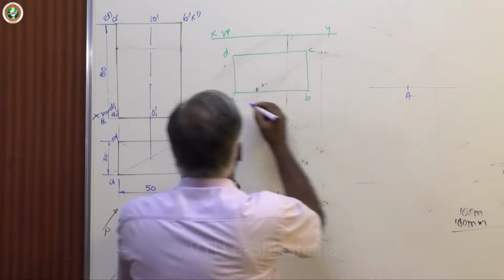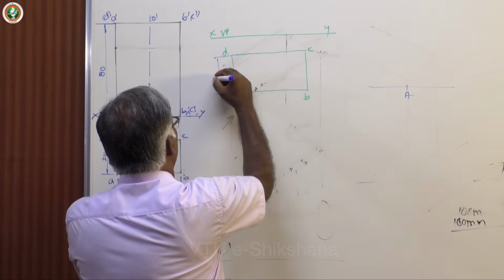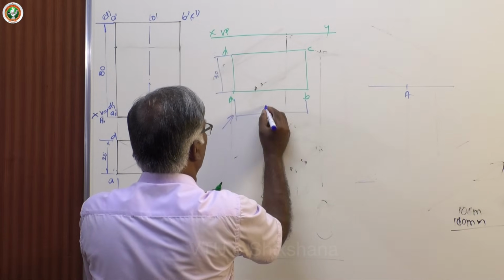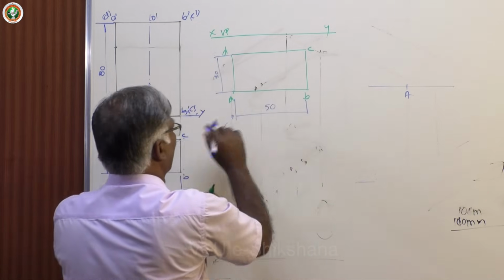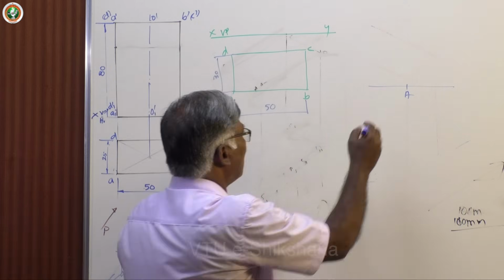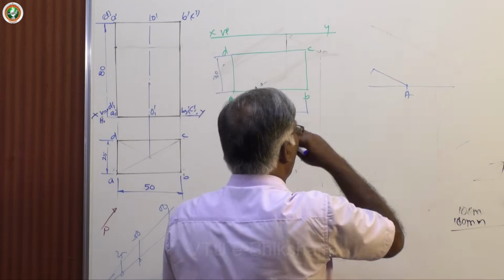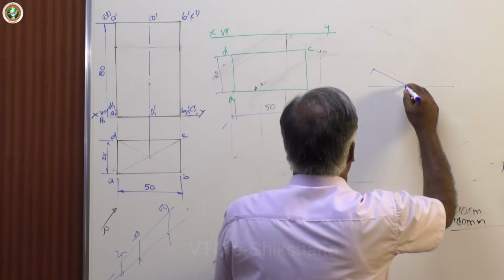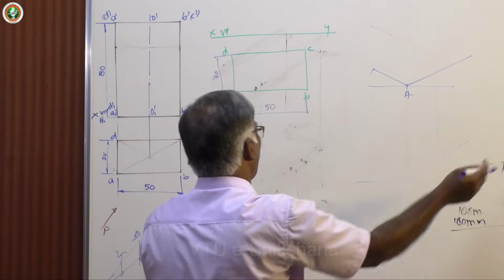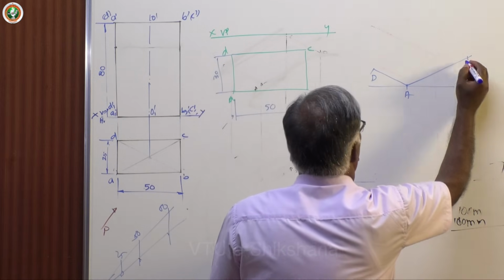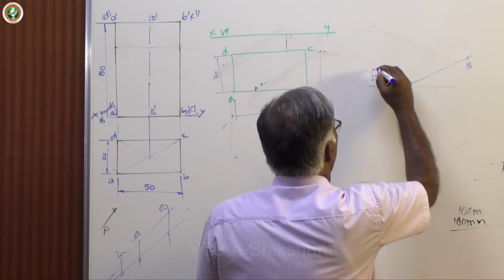Keep A. Now, this is say 30 and this one is 50. To the left of you, 30 mm on 30 degree line. Always see that it is on 30 degree line, and on one more 30 degree line to the right, 50. This is D, this one is B. Draw.